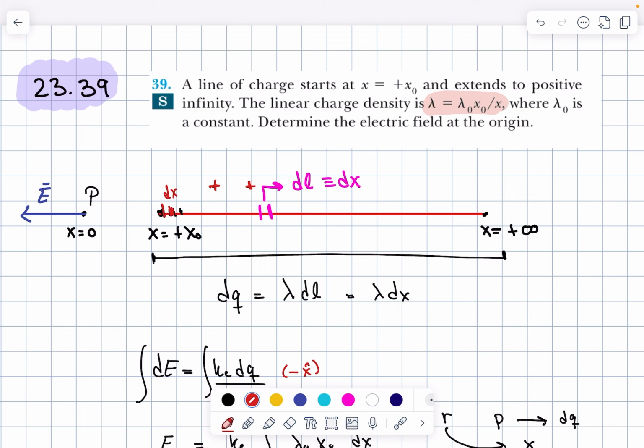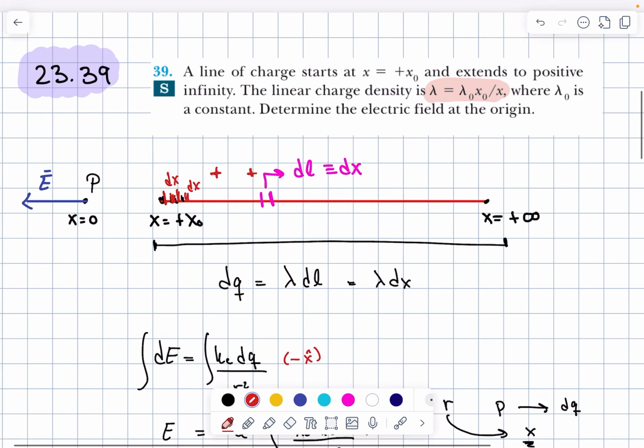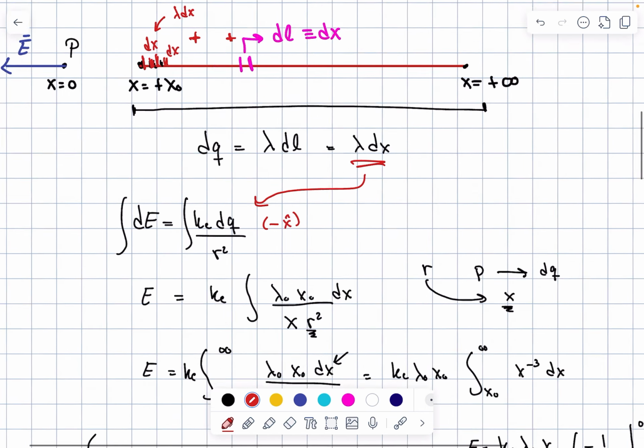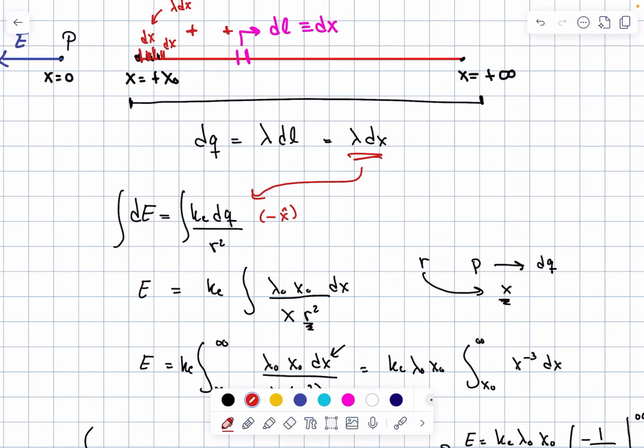We divided it up into tons of little chunks that we called dx. The amount of charge dq in this little chunk is equal to the charge density times how wide our spacing is. So we put this definition right back into the integral, and from there all we were doing was solving the integral.